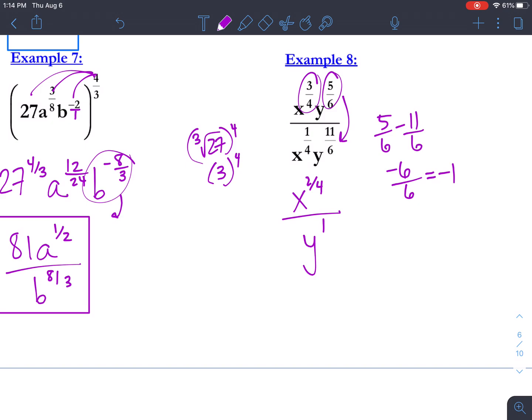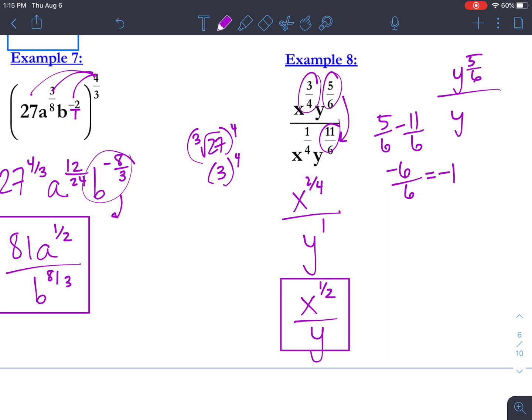Or you can think this denominator has 6/6 more than the numerator. So x to the 2/4 is really x to the 1/2, and then we just have y in the denominator. And again, that was because we had one full value, right? 5/6 minus 11/6 is negative 6/6, which means it's in the denominator as a positive.